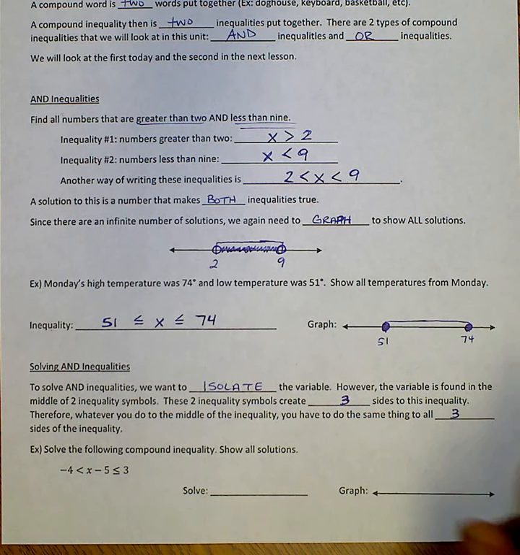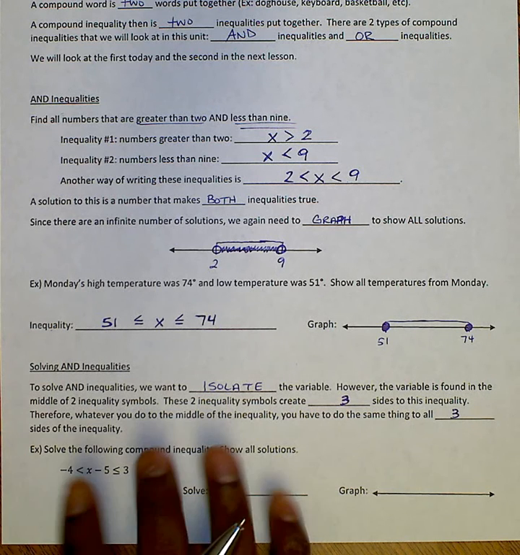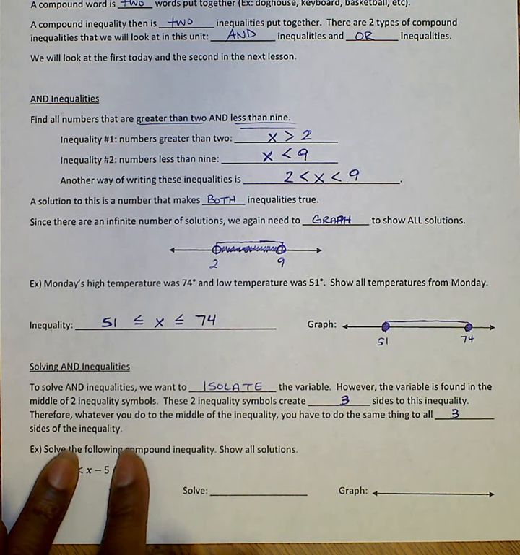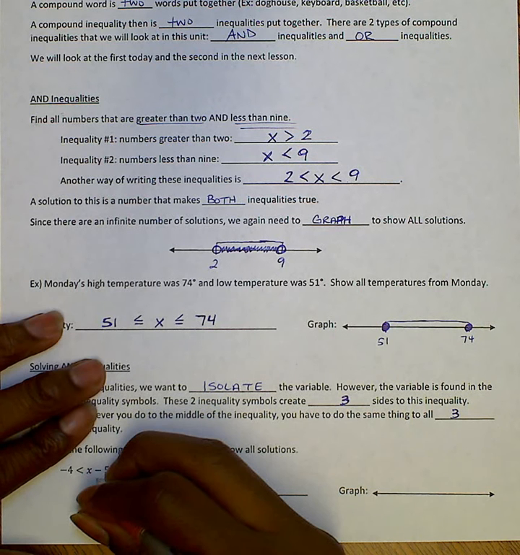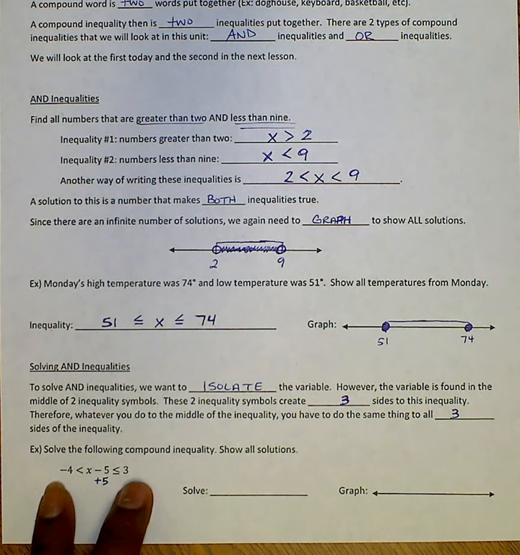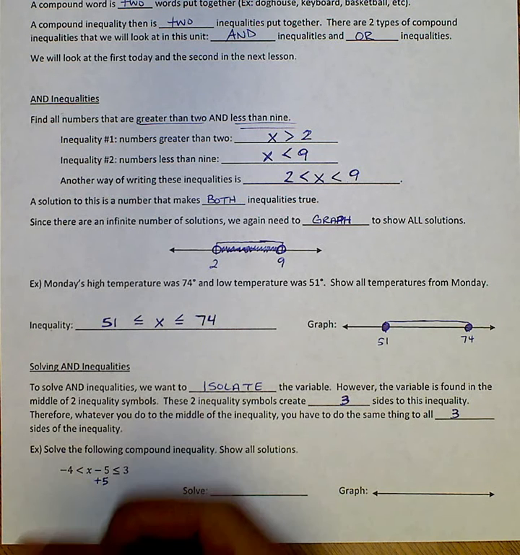Alright, and the way that I think about this is, don't even worry about the outsides of the thing. Look at the inside and see, how can I get x by itself? As we're looking at this, we have x minus 5. I'm going to say, well, to get x by itself, I have to add 5. And then focus on making sure that you do whatever you did to the middle to the other sides of the inequality.